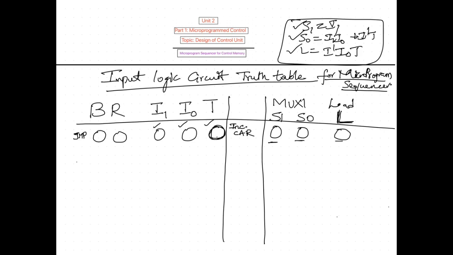By looking at the truth table also we can predict the S1, S0 and L values.